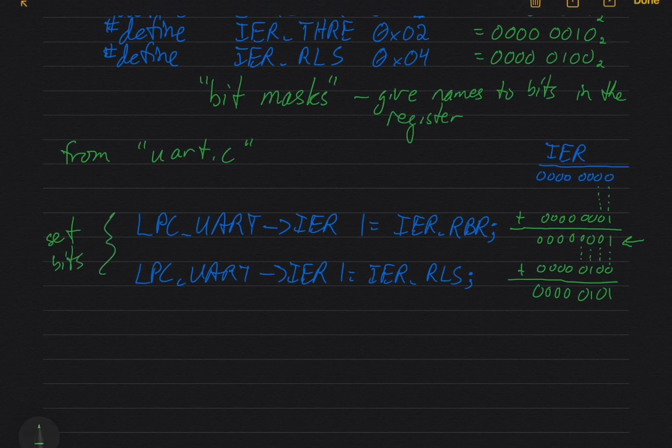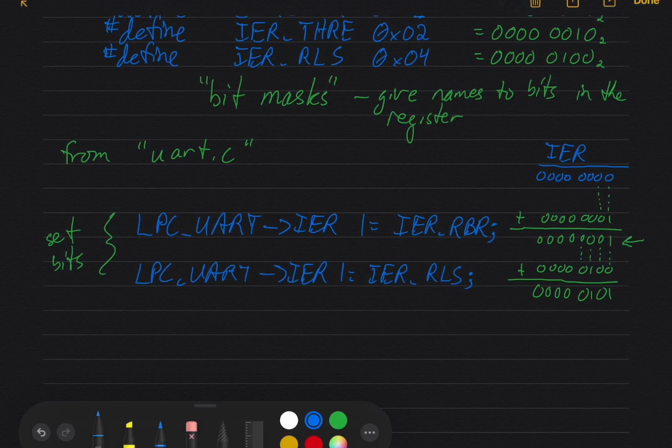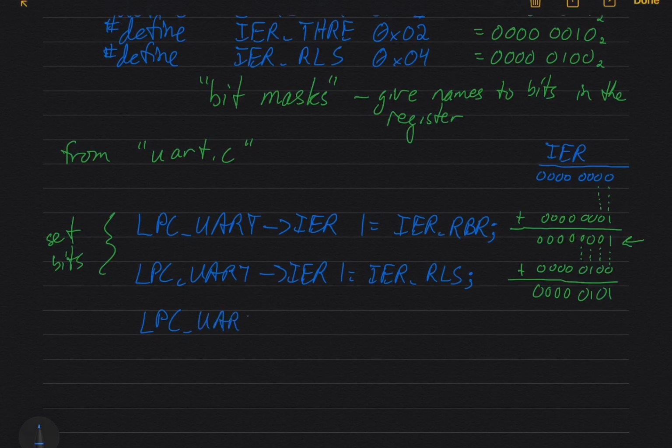So here what we've done is we set bits in the register, and now let's do an example of clearing a bit. Same register. If we want to clear a bit, we do a logical AND with not the value.